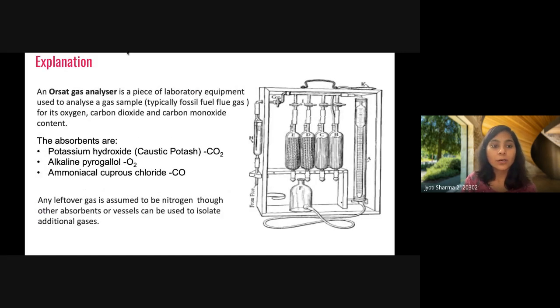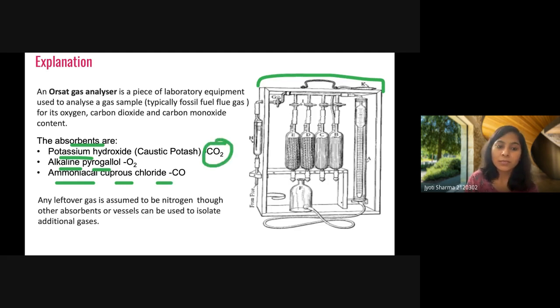So this is your Orsat gas analyzer, where we have different types of absorbent. We have potassium hydroxide, we have alkaline pyrogallol, then ammoniacal cuprous chloride. If we want to absorb CO2, then we will use this caustic potash. If we want to absorb oxygen, then we will use this one. If we want to absorb carbon monoxide, then we will use this one.